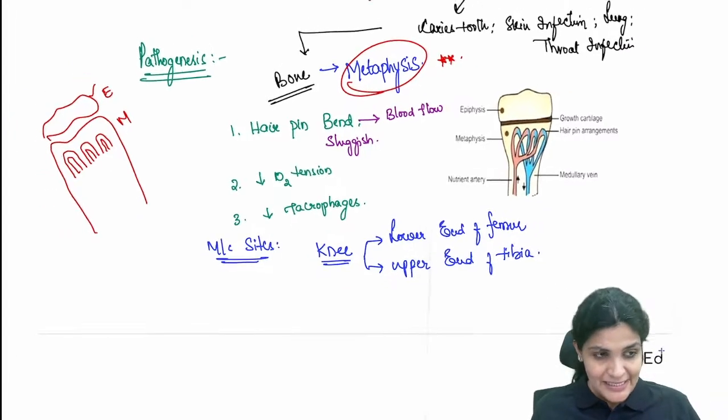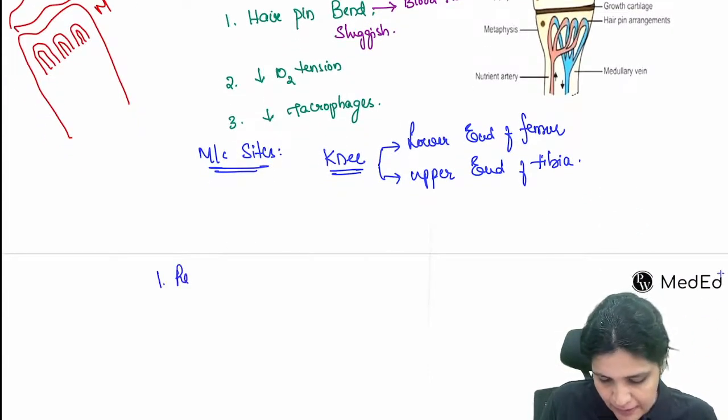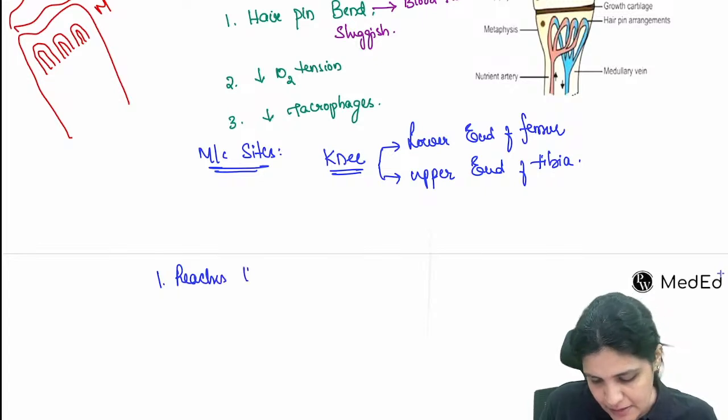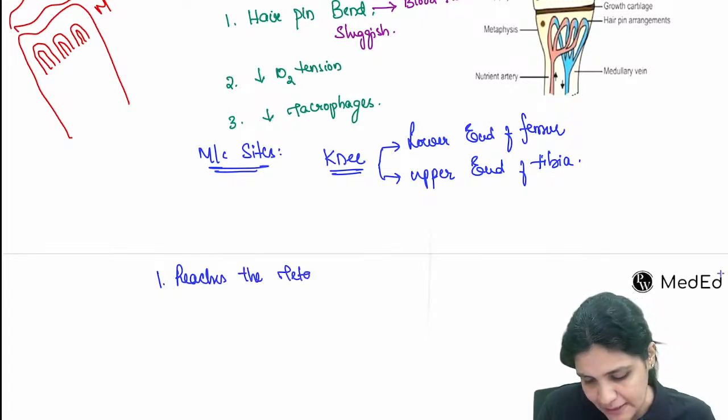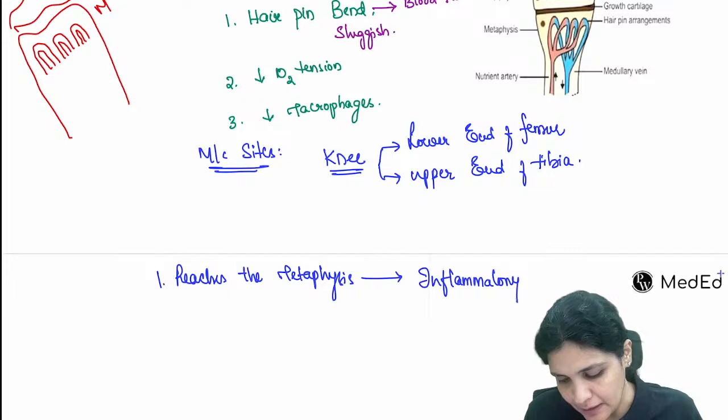So once the bacteria stays there, it replicates, right? So it reaches the metaphysis, and you all know that this is the area where the bacteria proliferate, and we all know the reasons. And now it will initiate the inflammatory response.